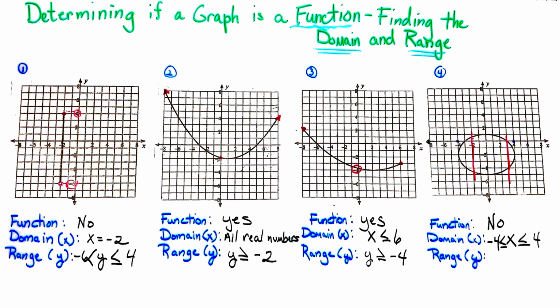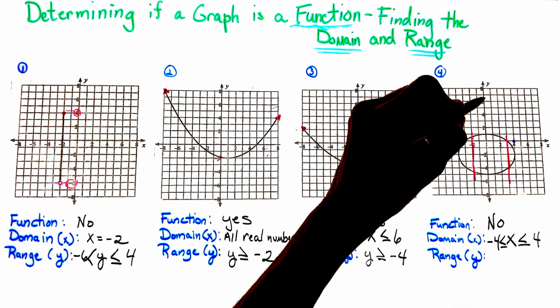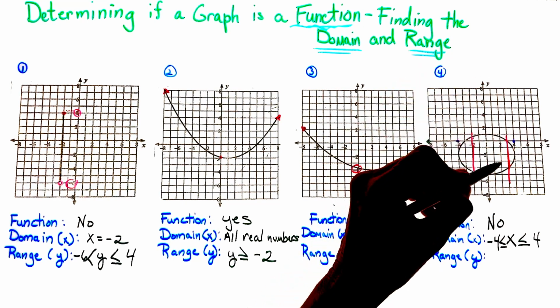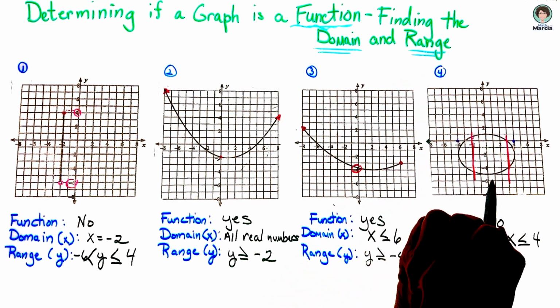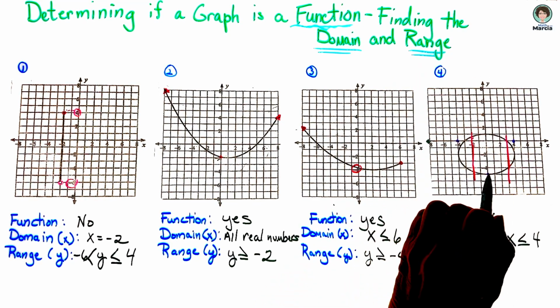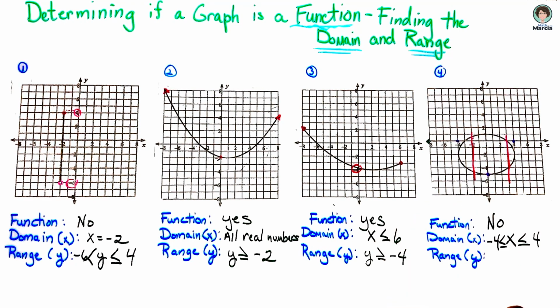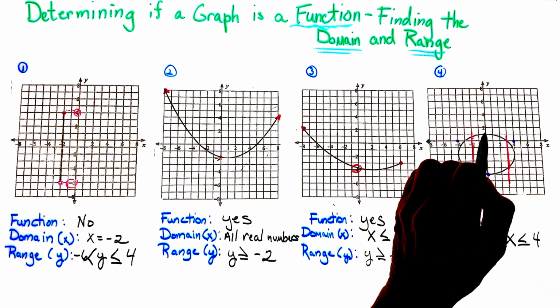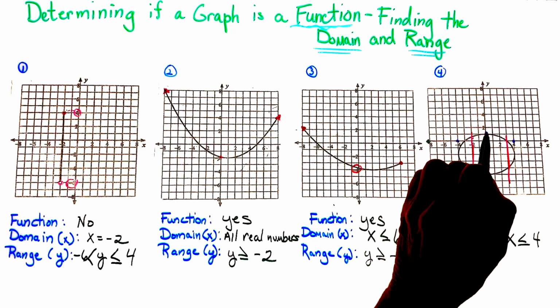All right, well, let's look at the range, the y values. And when we're looking at the y values now, we are looking at the y-axis. And where is this graph? So I see it hits the y-axis here, and it also hits the y-axis up here.